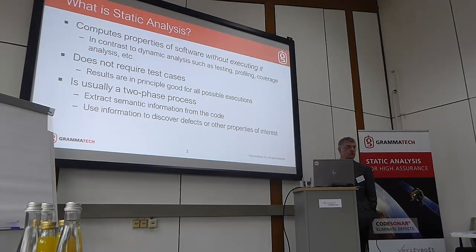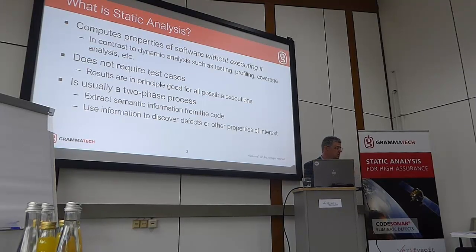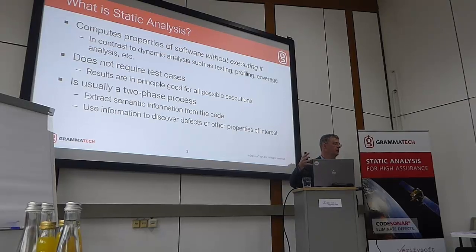First of all, you extract the information from the code by parsing it. And that creates a set of intermediate representations like control flow graphs, abstract syntax trees, exactly the kinds of things that are used by a compiler, except that in static analysis, what we're doing with that information is looking for problems, looking for bugs, anomalies, defects, and so on.